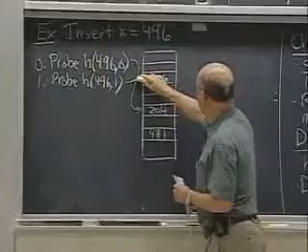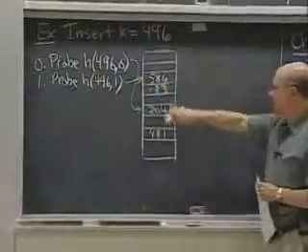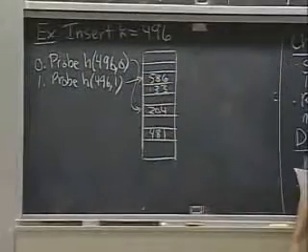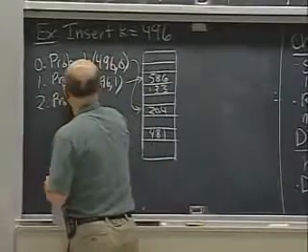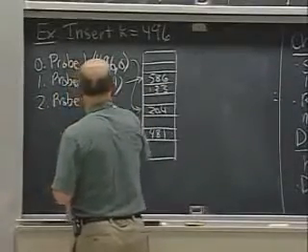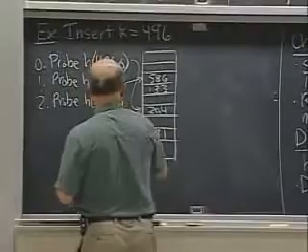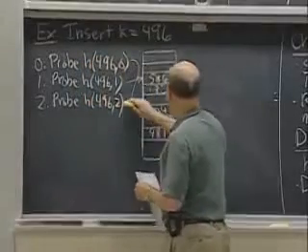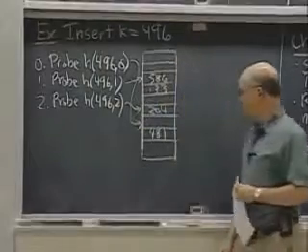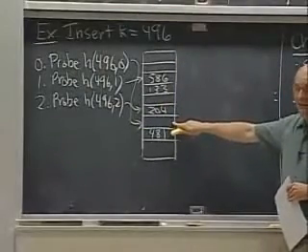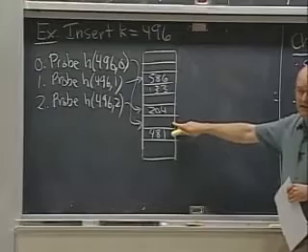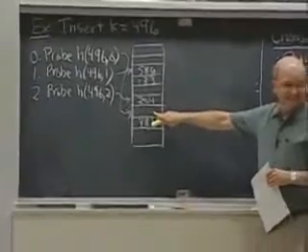Maybe that maps me there, and I discover, oh, there's something there. So now I probe h of 496, comma 2. And maybe that takes me to there. It's empty. So if I'm doing a search, I report nil. If I'm doing an insert, I put it there.